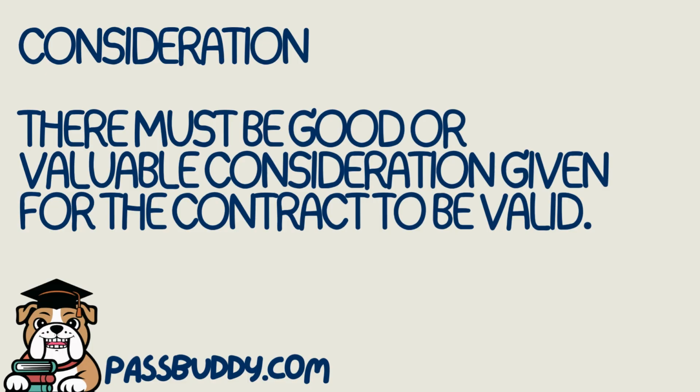But good consideration is not valuable. Their labor would be considered good consideration. So the employer is giving valuable consideration to the employee. The employee is returning with their labor, their timeliness, and their accountability, which is considered good consideration.